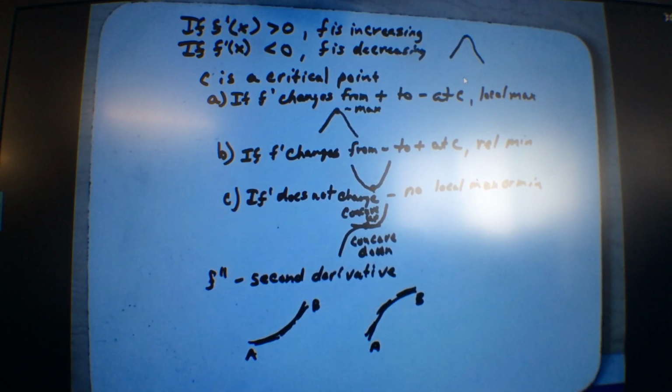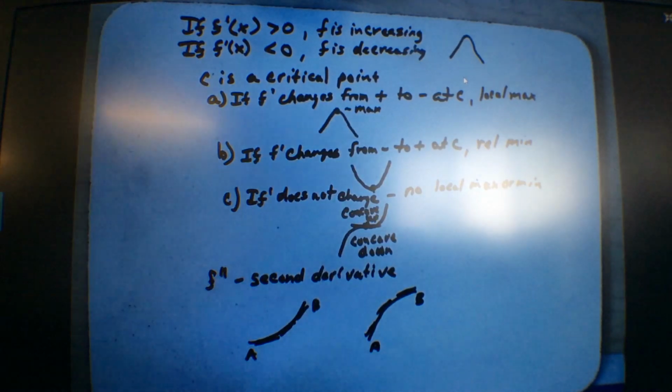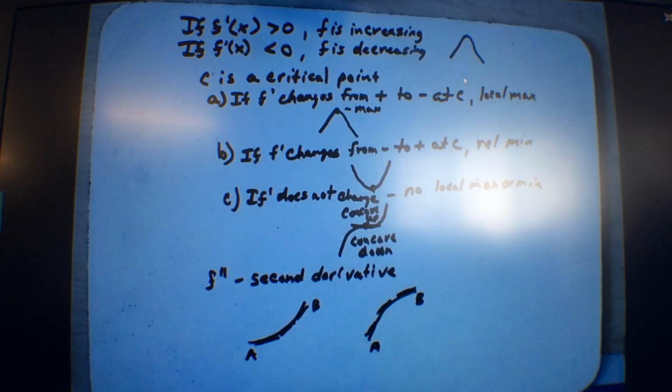Do you understand that? And it says at the bottom of page 223, if the graph of f lies above all tangents on an interval I, then it is called concave up. If the graph of f lies below all tangents on I, then it is concave down. Does that make sense to you?